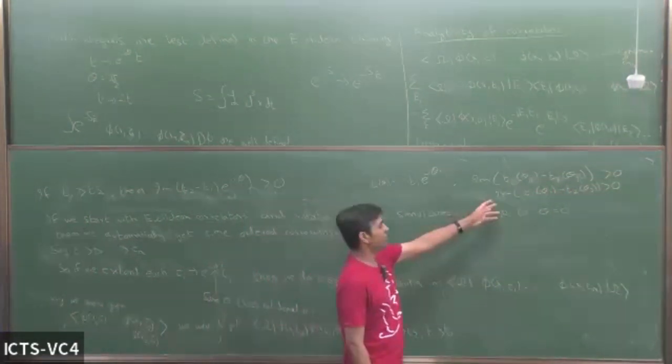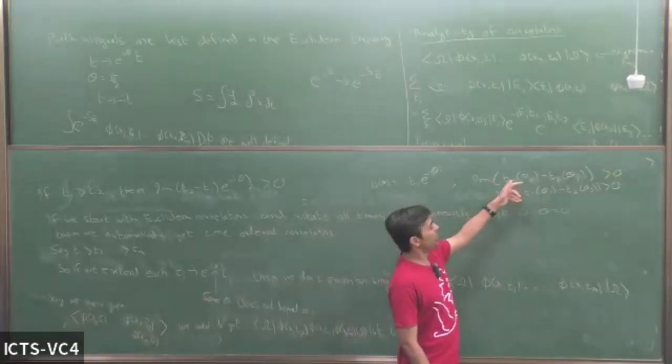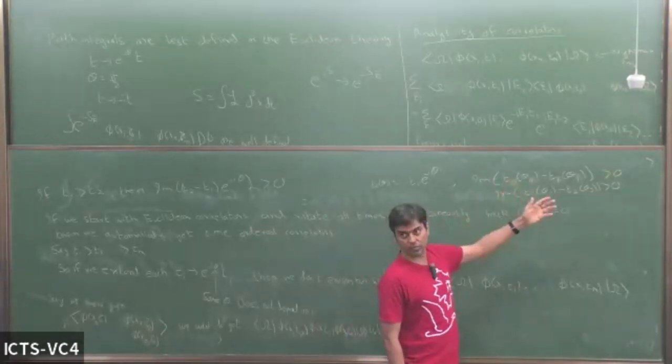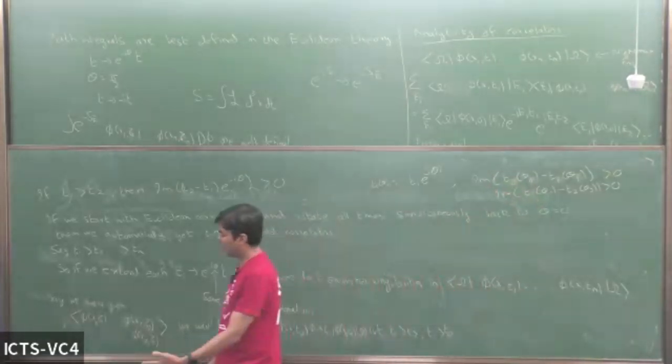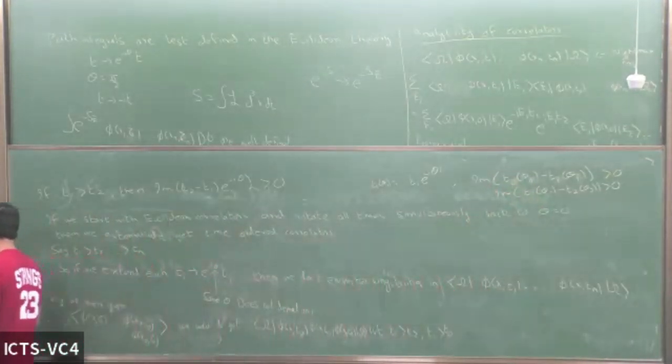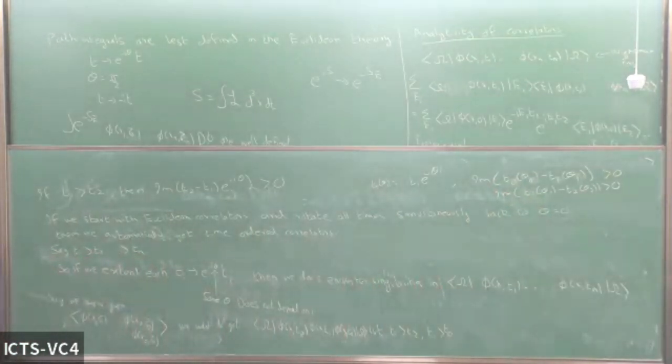Provided I maintain this condition as I take the thetas to 0, I'll get the correct ordering. So if you're given the full Euclidean answer, you can always use that to get answers in Lorentzian space by doing the right kinds of analytic continuations.